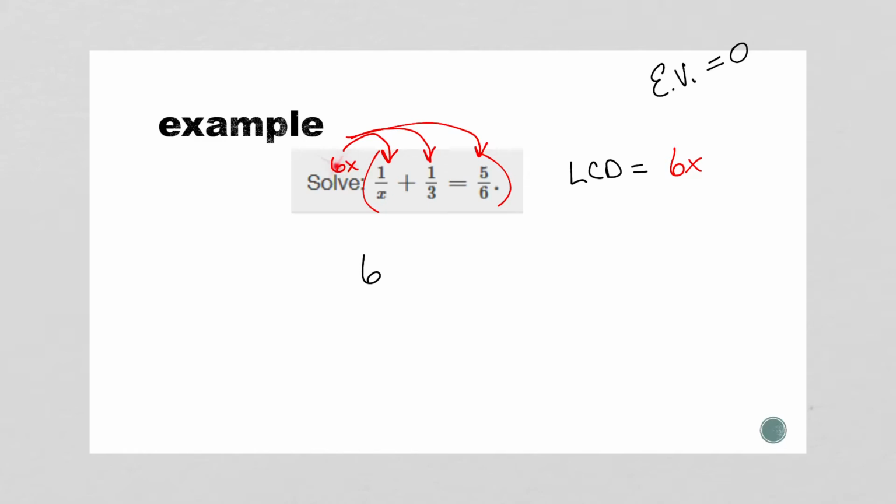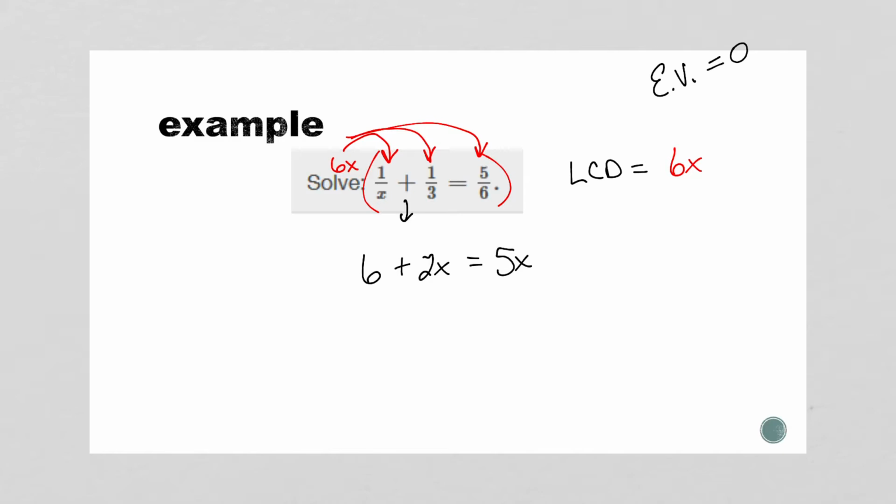When we multiply 6x times 1/3, that's the same thing as 6x divided by 3, which you end up with 2x. But I've got to put something in between these two, so I need to bring that plus sign down. Then whenever I multiply 6x times 5 over 6, the 6's cancel, but I'm left with x times 5, which is 5x.